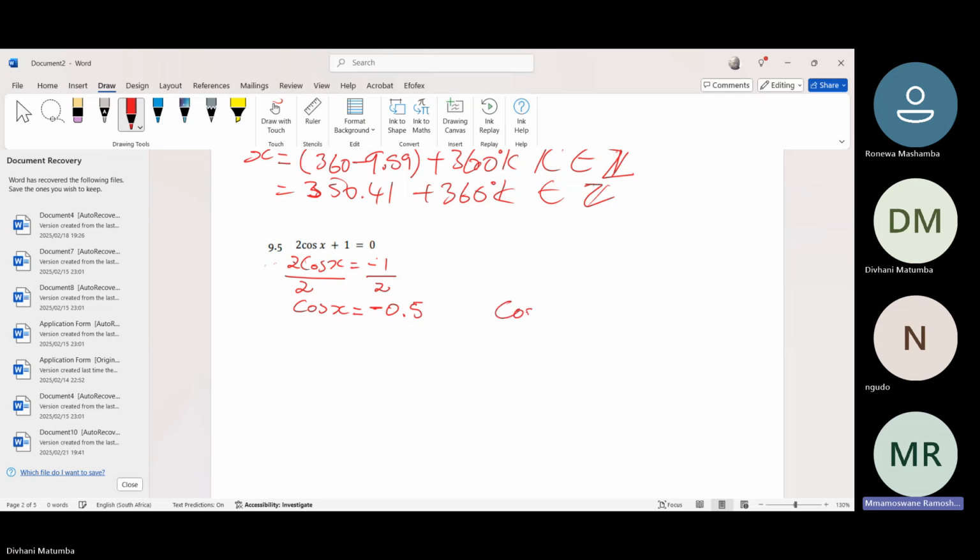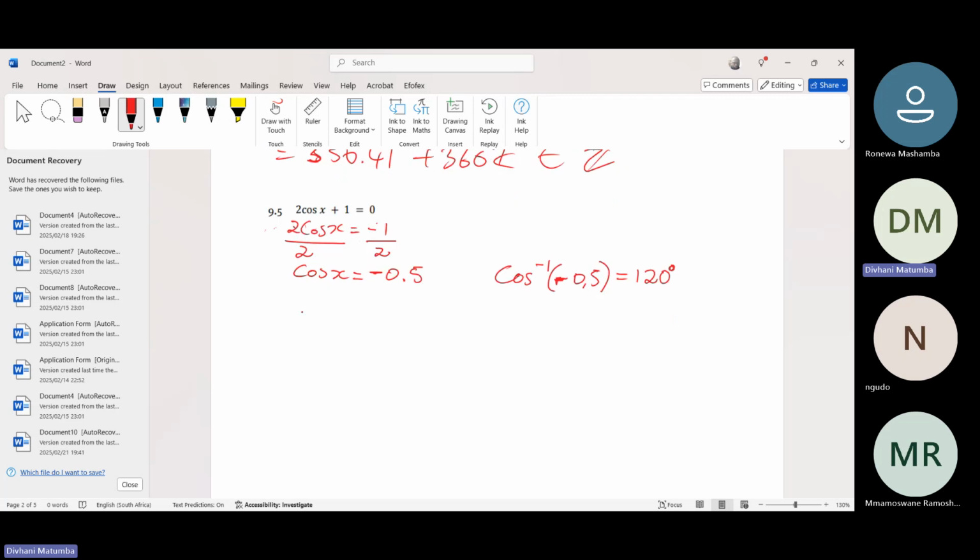And from here, transpose cos to the other side, which is arc cos of minus 0.5. What is the arc cos of minus 0.5? Simple, 120. The calculator gave you 120 degrees.